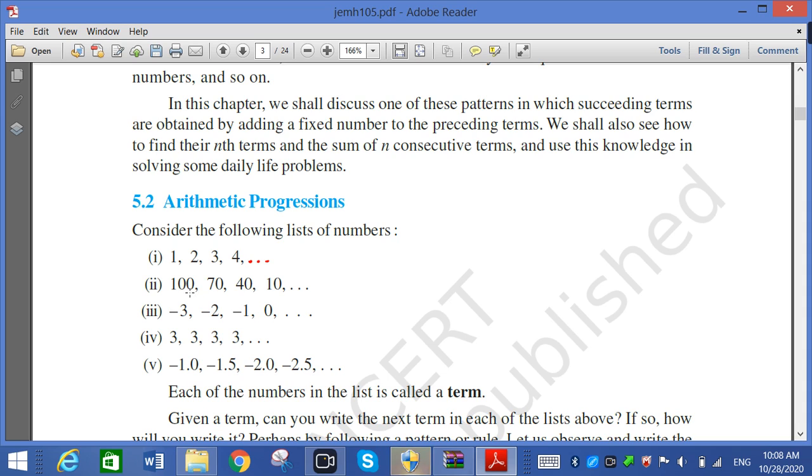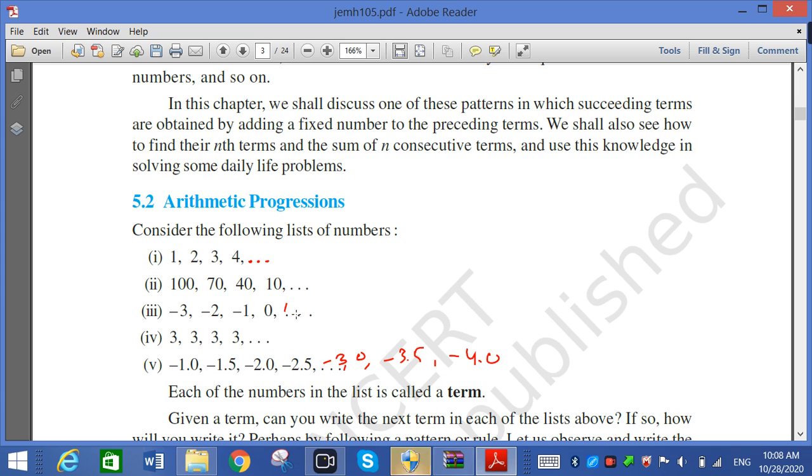Again here the difference is 30, 30, 30 and then 3 dots. Again here the difference is plus 1, plus 1, plus 1. Again here the difference is 0. Again here minus 0.5. So if we add minus 0.5, then minus 3, minus 3.5, minus 4.0.